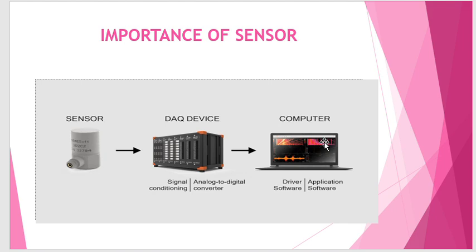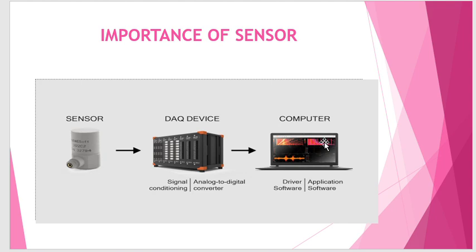For example, thermocouples, then the resistive temperature detector, which you can call RTD, then the thermistor. A thermocouple operates with the help of the Seebeck effect.